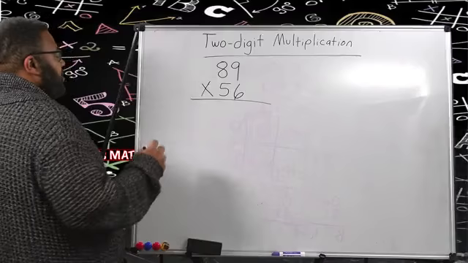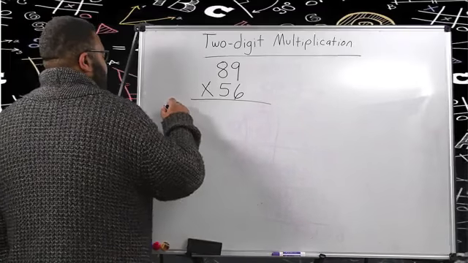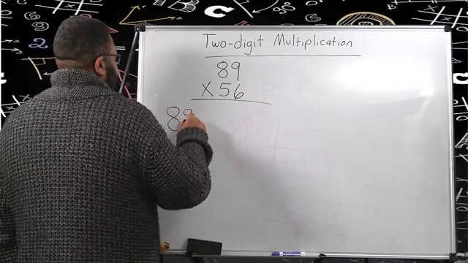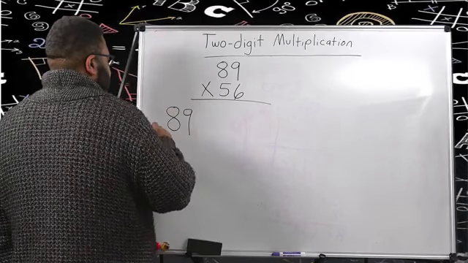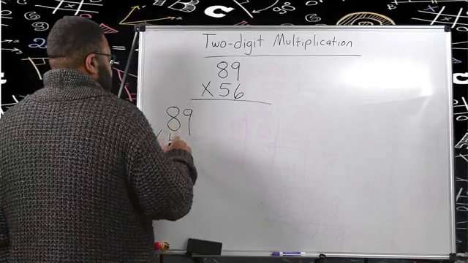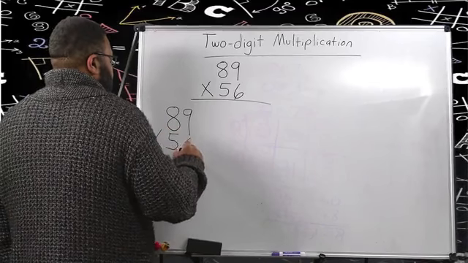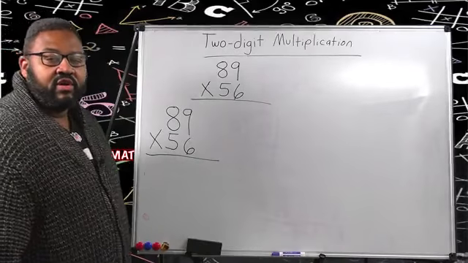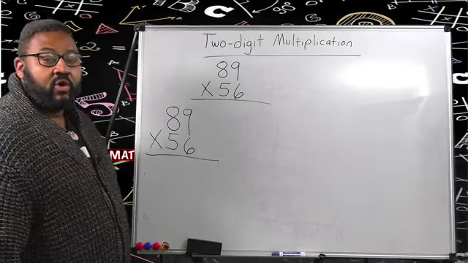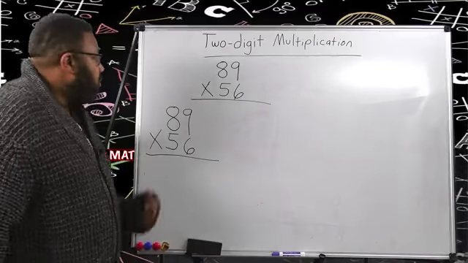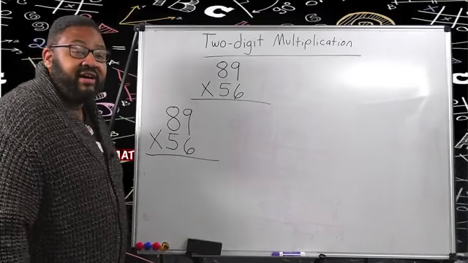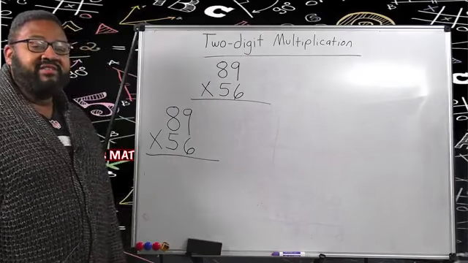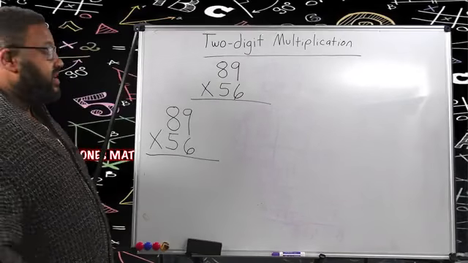I'm going to do Daddy's way, because that's the way his daddy taught him, and that's the way my daddy taught me. And simply put, what are we doing? Go up and over, up and over, up and over. That's all we're doing. We're going up and over.